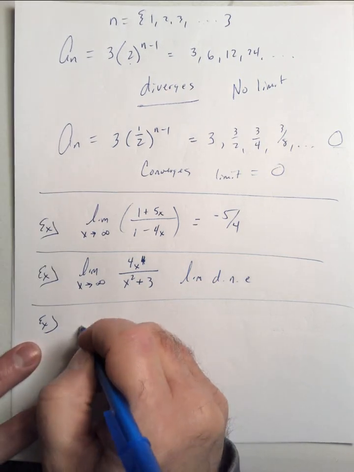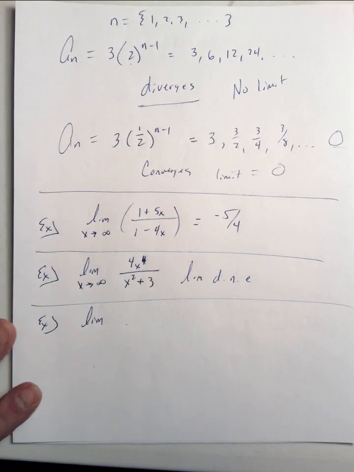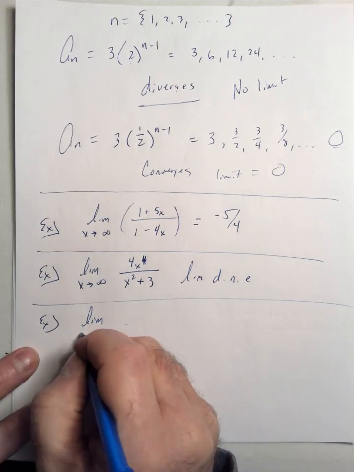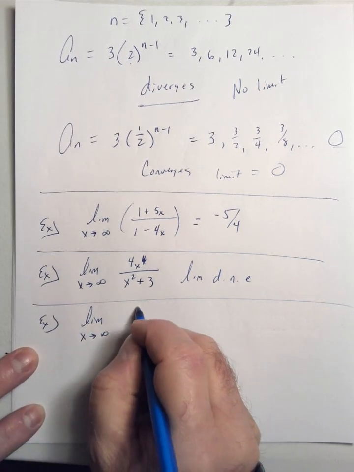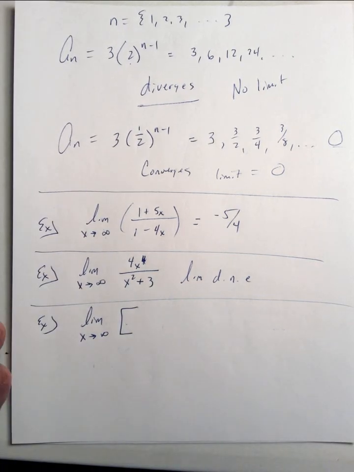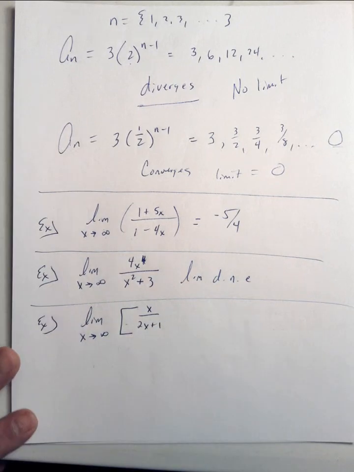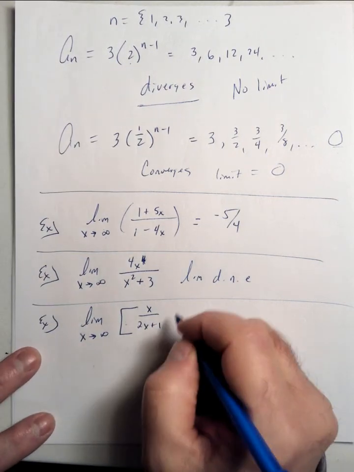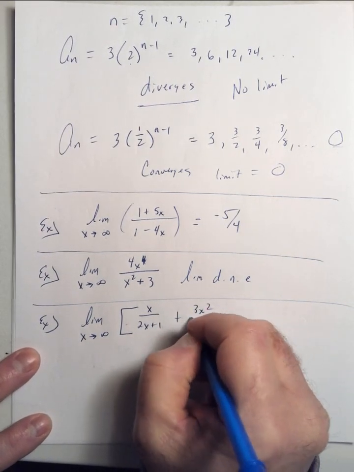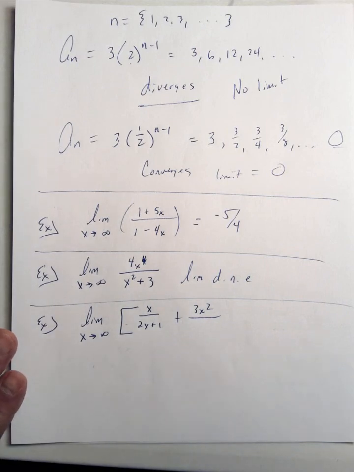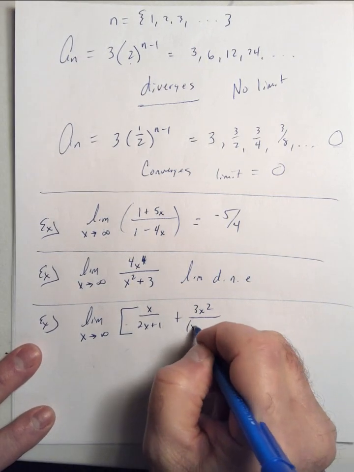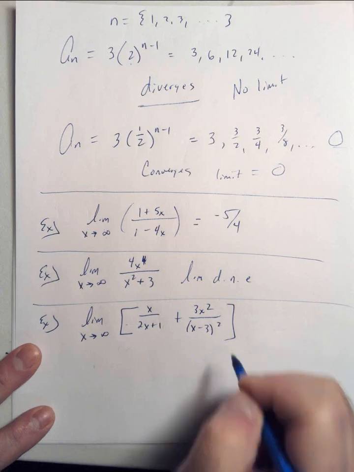We have the limit, and this is an important example, so pay attention, as x approaches infinity of x over 2x plus 1 plus 3x squared over the quantity of x minus 3 squared.